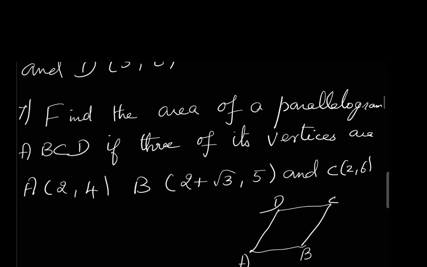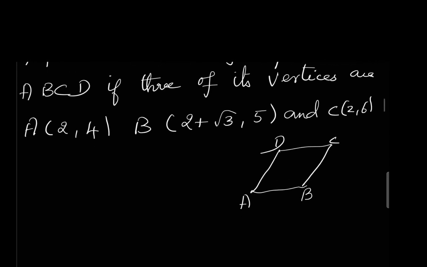See, the next question is find the area of the parallelogram ABCD if 3 of its vertices are given as A (2, 4). Just you draw the parallelogram. Vertex A is (2, 4), vertex B is (2 plus root 3, 5) and C is (2, 6).